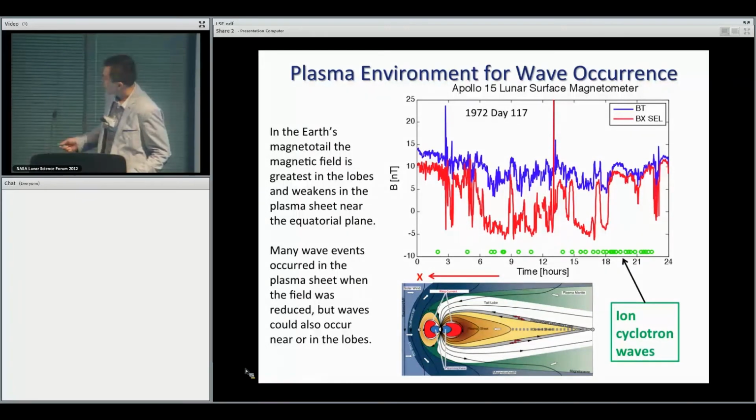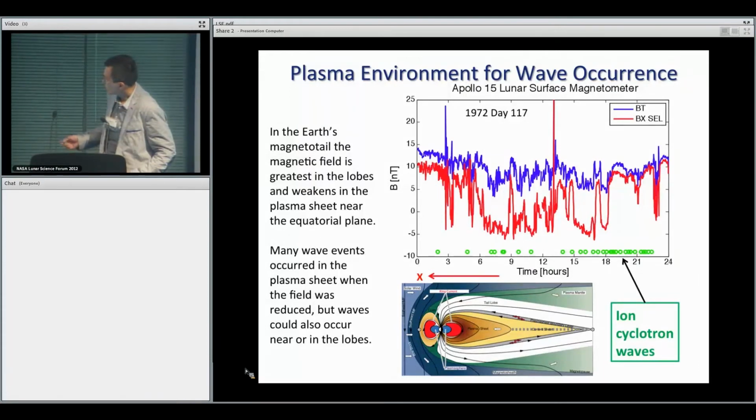If we look at this Bx, the x component, you can see that sometimes the x component of the magnetic field will change its sign. That suggests that you can consider that the Earth is crossing the plasma sheet, or the plasma sheet is moving so that you see the crossing at the moon.